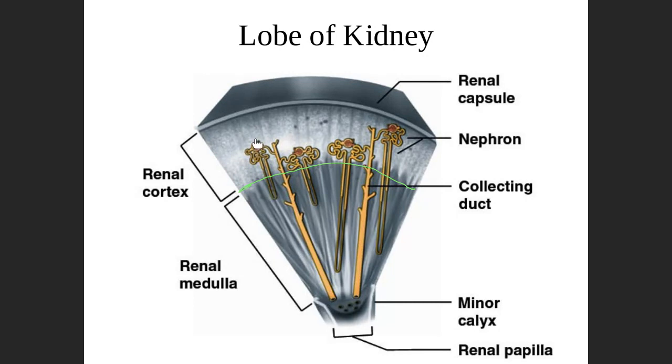This structure right here is a nephron. This structure here is a nephron. This structure is a nephron. You have different kinds of nephron. The nephron that is near the medulla, we call a juxtamedullary nephron. The word juxta means opposed or next to.